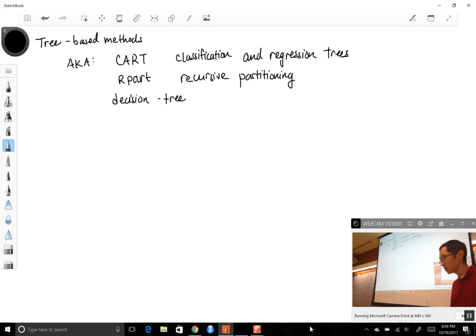Okay, the idea is you've got a bunch of data, and you sort the data based on different criteria. Let's say we had to make a prediction on how someone voted in the last presidential election. We just start asking questions, and these are all yes or no questions.